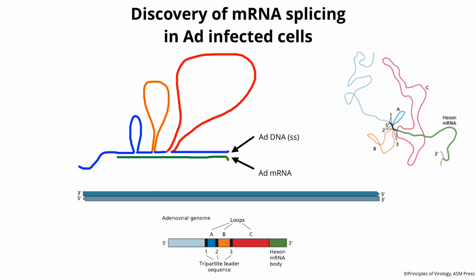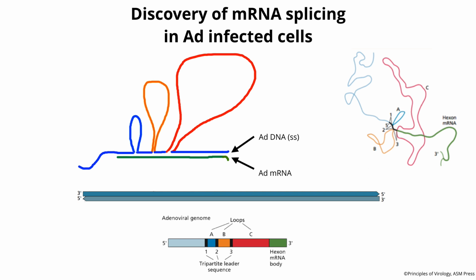So here's the result they found. They took the late major mRNA of the virus, which encodes the structural proteins, shown in green, and hybridized that to the viral DNA. They kept seeing these loops, like 3 loops in this one: 1, 2, 3. The implication being there's more sequence in the DNA than in the RNA.